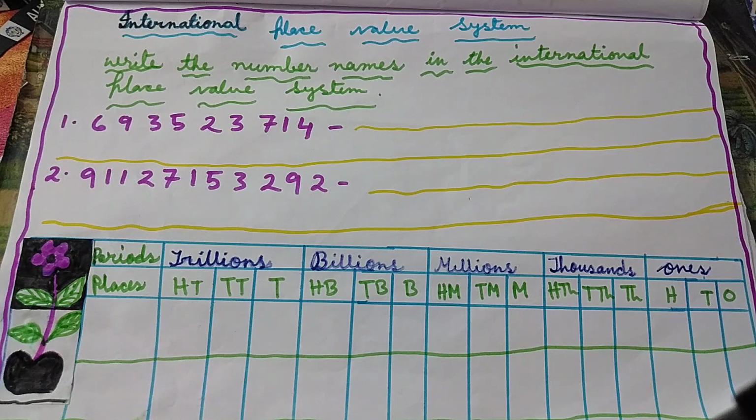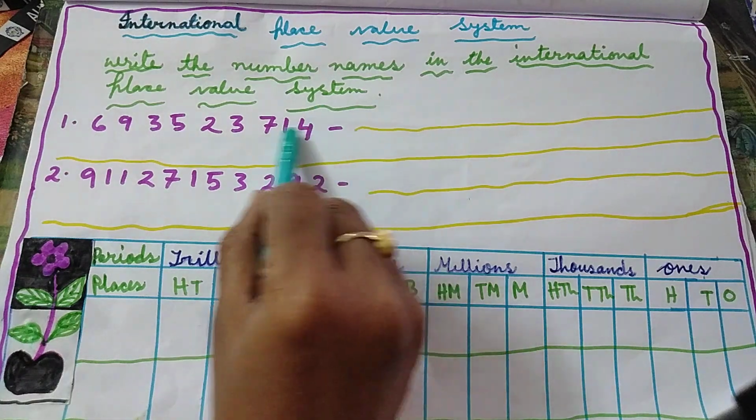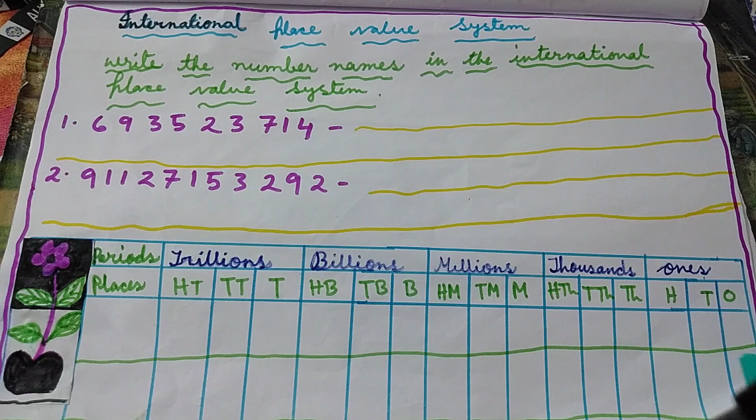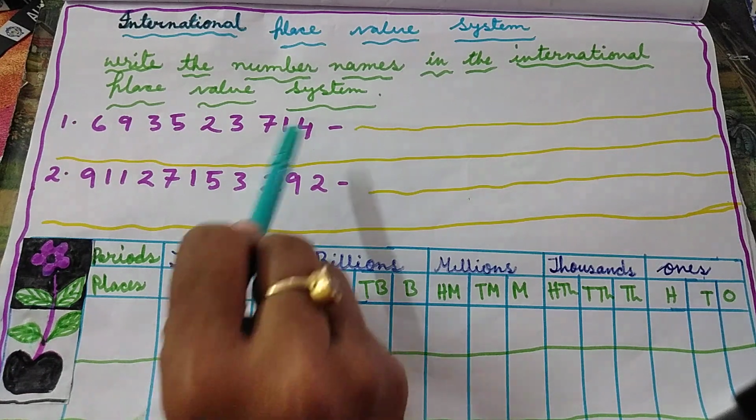Okay. For that, what we have to do first? Start from your right side. Write all the digits in their respective houses or respective places. Okay. Start from the right side.